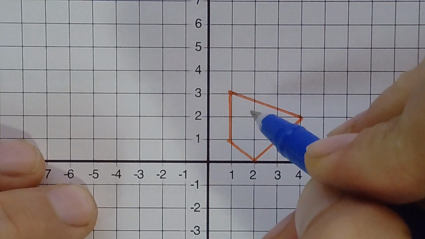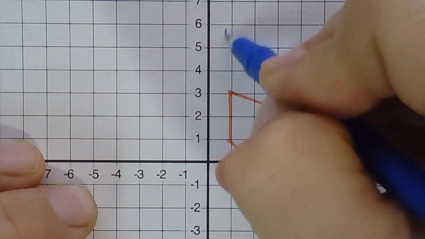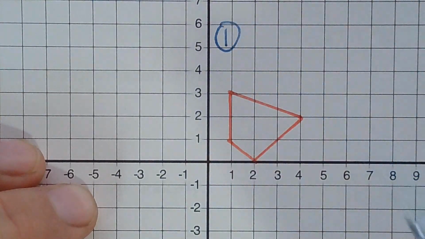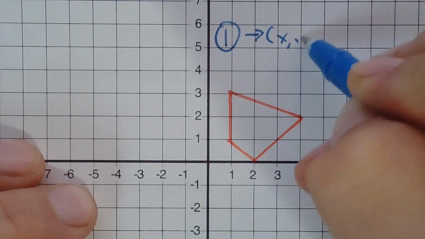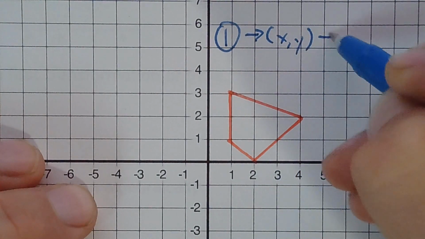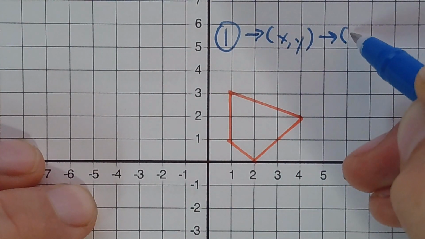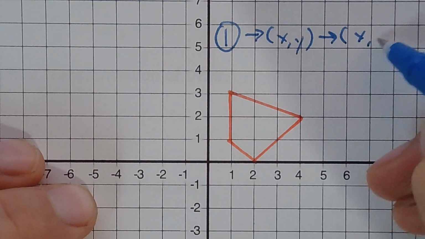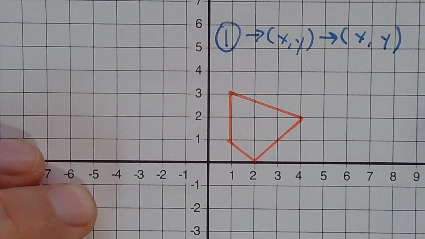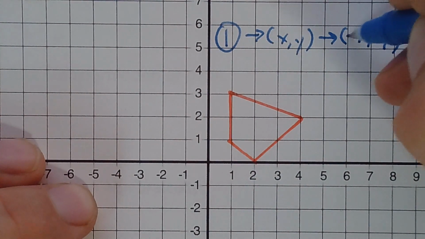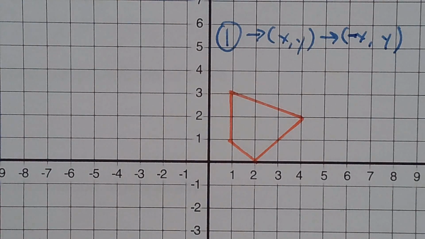So this is the pre-image. So transformation number 1 will be x comma y, an x and a y. So the x's and the y's stay the same, but we are going to swap the x values. All right, so what does that look like?